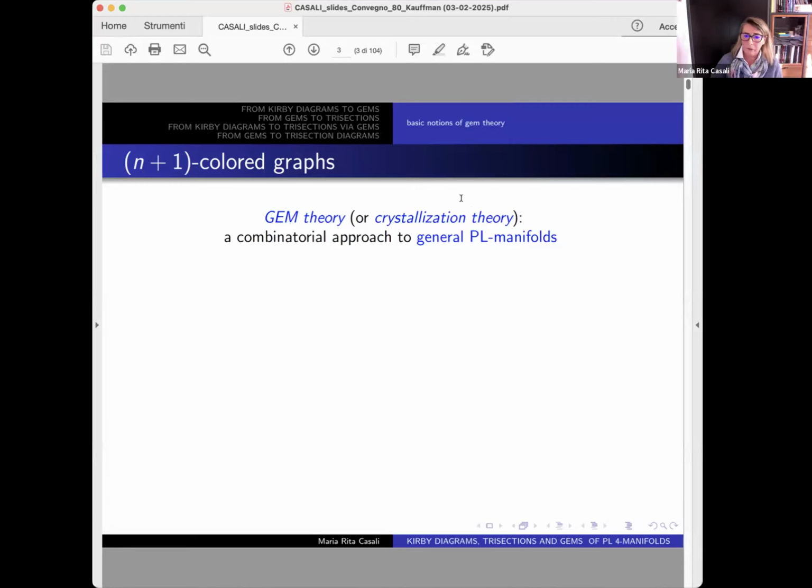The theory is also known as crystallization theory, from the name of a special class of representing objects called crystallizations. As is quite evident, the possibility of performing a purely combinatorial approach to general PL manifolds is of particular interest in dimension greater than or equal to 4, where the difference between the TOP and PL categories must be taken into account.